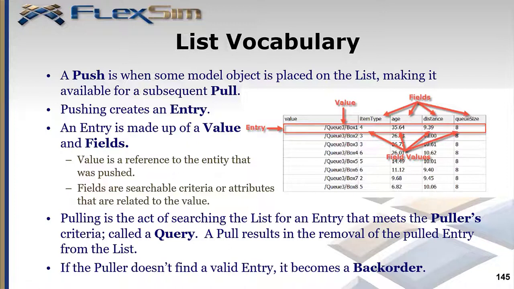Now, when they took down my name and also the number of people in my party, that constitutes a field. A field is another part of the entry that is a searchable set of criteria that allows the restaurant to figure out which group from the list they should pull. If they say, okay, we just had a table for 4 become available, let's search the list for someone who is a party of 4 or less, but we're prioritizing parties of 4.